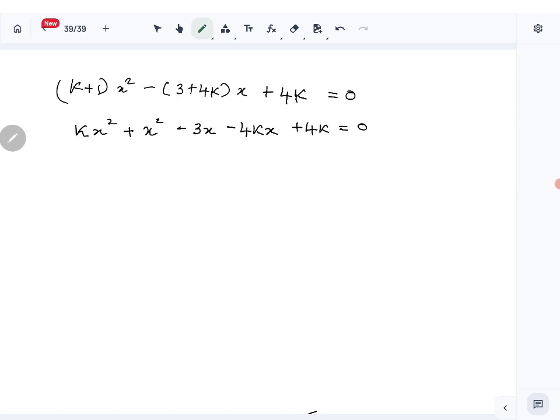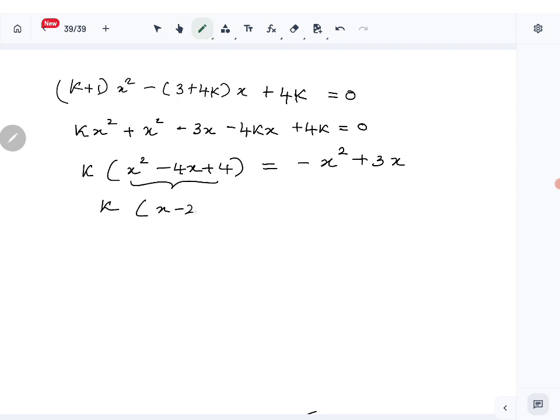Right. Let me group the k terms together. If you take k out, you get x squared minus 4x plus 4 inside. The other two terms, let me move to the other side. Minus x squared plus 3x. So this one is what? This is x minus 2 whole thing squared.